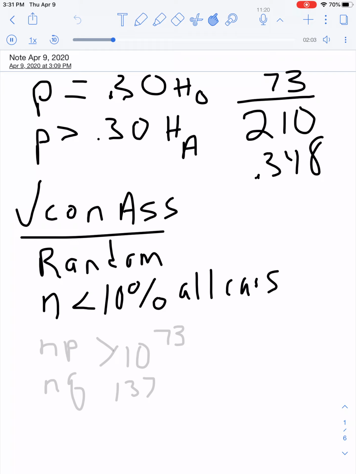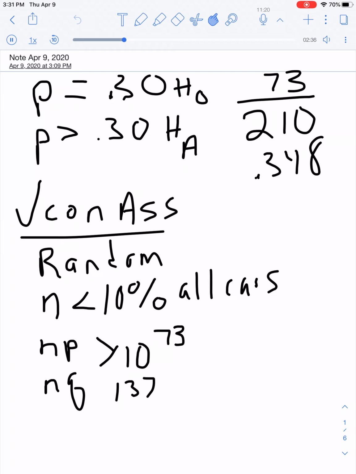I do have 10 successes and 10 failures because I do have 73 cars that were successful being red, and 210 minus 73, which is 137 cars that aren't red. So my conditions and assumptions are met.